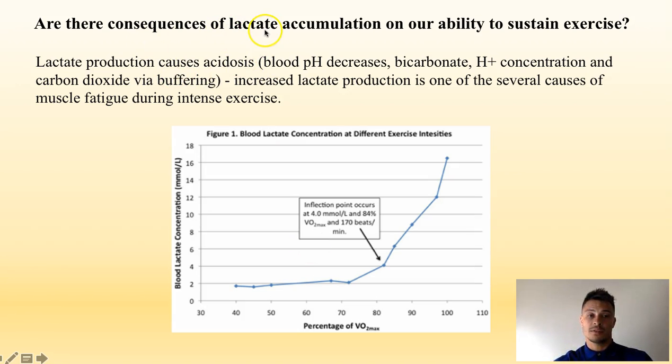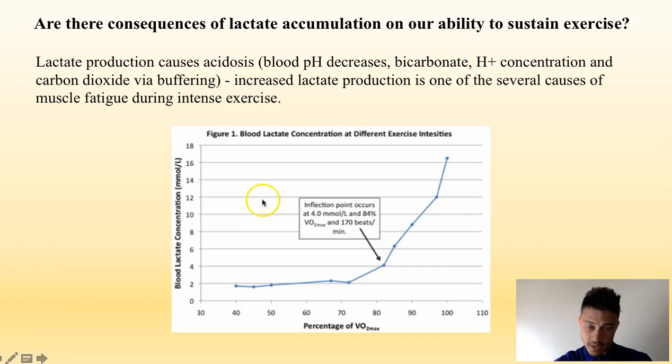Are there consequences of lactate accumulation on our ability to sustain exercise? Well, lactate production causes acidosis. Increased lactate production is one of the several causes of muscle fatigue during intense exercise. So we see a decrease in blood pH and an increase in the concentration of hydrogen as well as carbon dioxide.